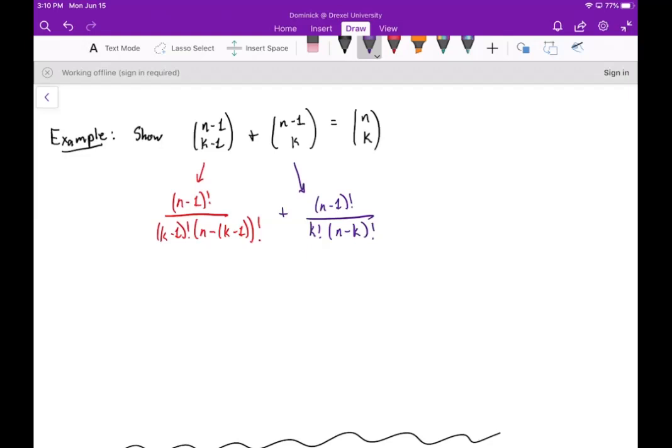Well, let's clean up the one on the left. That will give us n minus 1 factorial over k minus 1 factorial, and then if we simplify here, we're going to get an n minus k plus 1 factorial. All right, so now it looks like we need to find a common denominator to add these together.